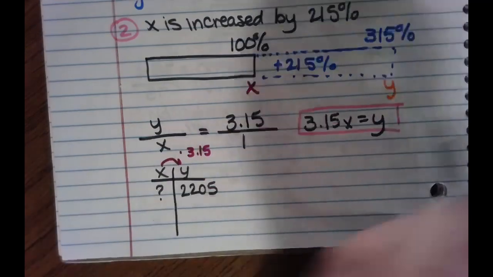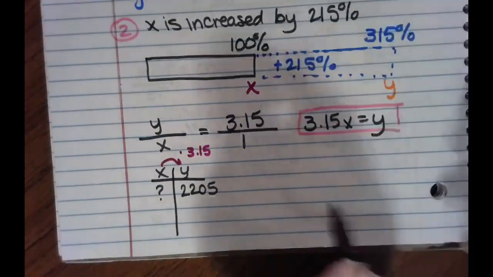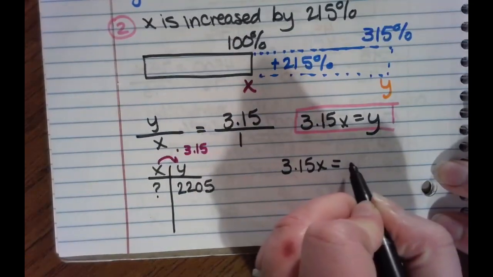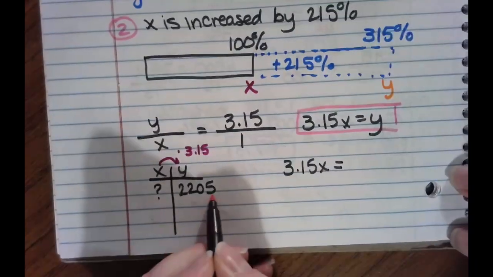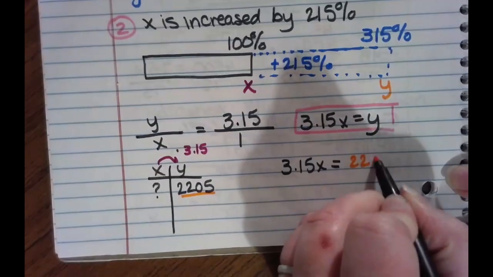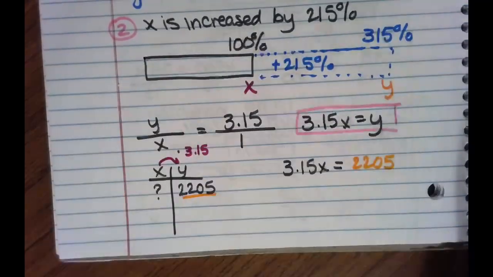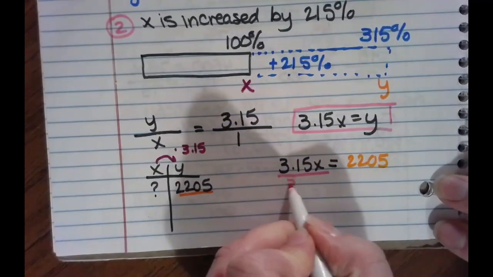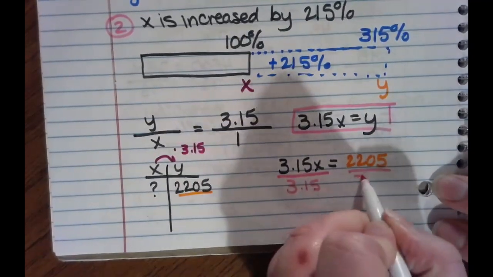Or we could put this into our equation, and we could say, all right, so we know that 3.15x equals y. And in this case, we have a y value of 2,205. And to solve this equation, I'm going to divide by 3.15.